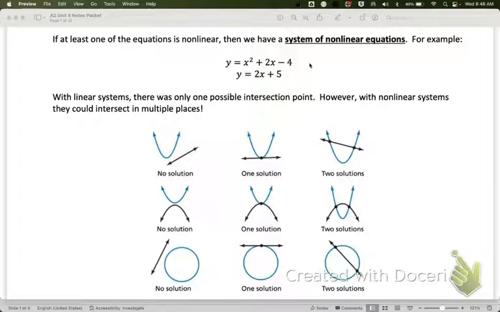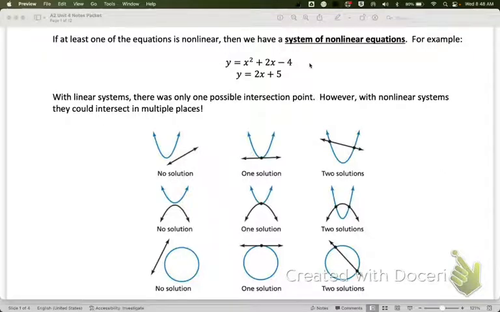And so when we talked about where two lines cross, there's only one possible intersection point. But with nonlinear systems, there could be multiple. So there's lots of different ways that you could get no solutions with different kinds of graphs. One solution would mean they intersect at just one particular point, and two solutions would mean that they intersect at two different points.